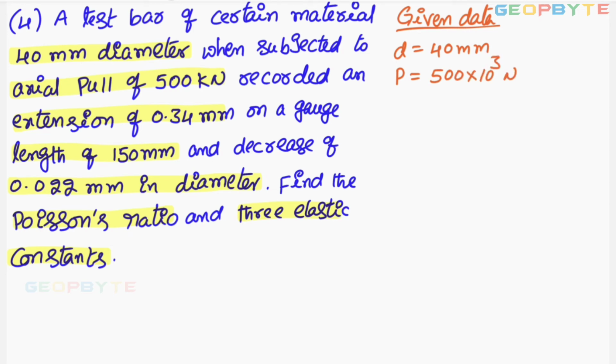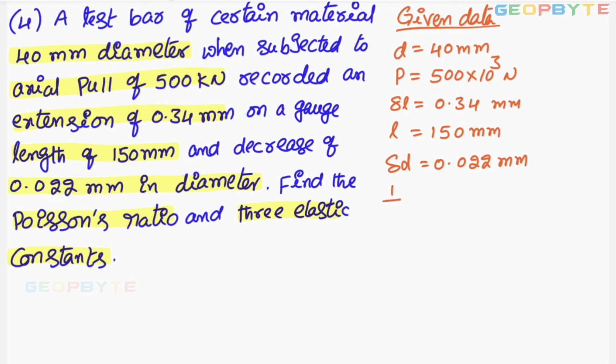Recorded extension, change in length delta L equal to 0.34 mm with a gauge length, means original length, 150 mm, and decrease in diameter delta D equal to 0.022 mm.